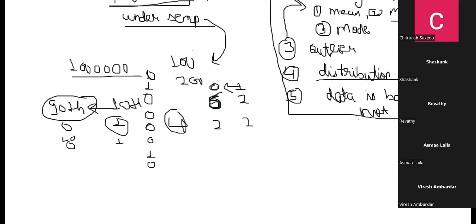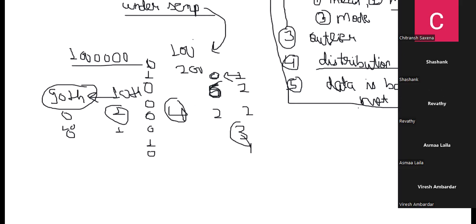Now come to the third part. The third part is choosing the ML algorithm. Which algorithm is best for my data?